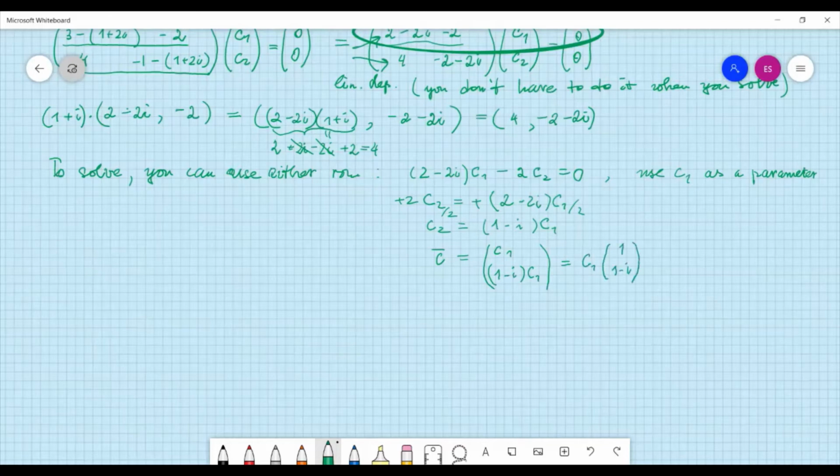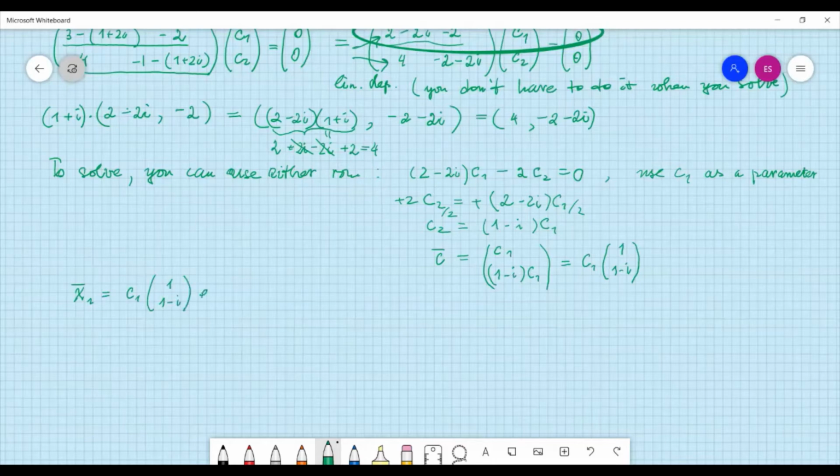Remember what I was doing next. Next, I was finding a real and imaginary part, right? Well, I'm going to put it back into the solution and then find the real and imaginary part. So my x1 is going to be what? C1, 1, 1 minus i.